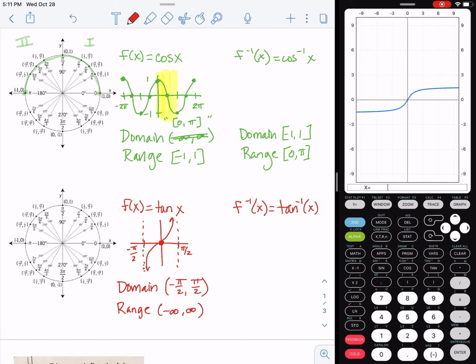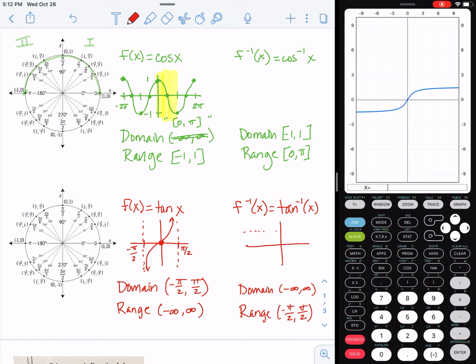Notice what happens, that the domain goes from -∞ to infinity, and the range is going to go from -pi/2 to pi/2, because when we do that reflection over that line y = x, the x's and the y's switch, which means our domain is going to become our range, and our range becomes our domain.